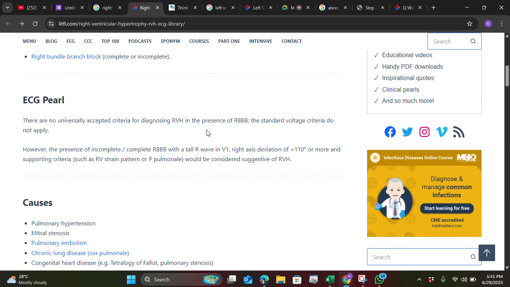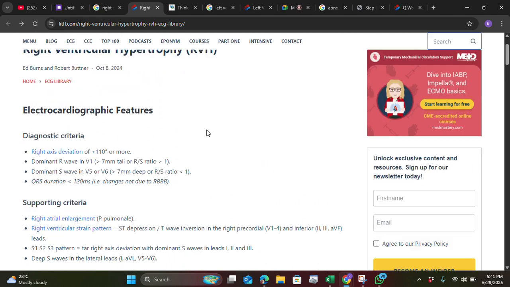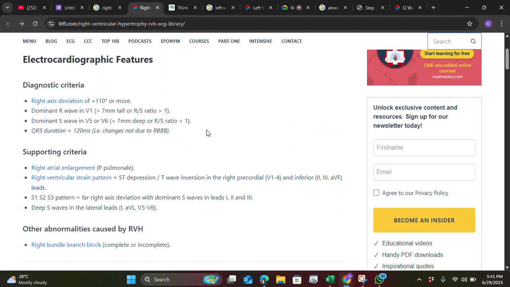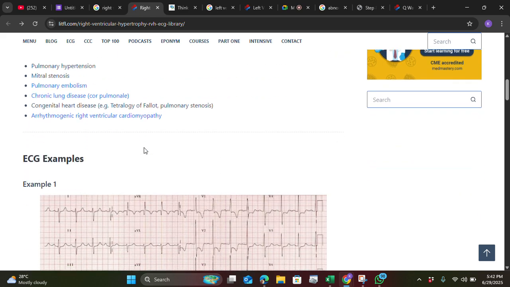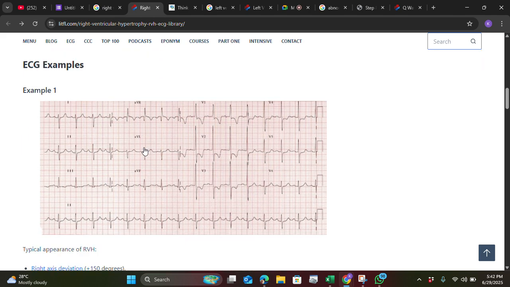This was right. Can you see now? There's right axis deviation, there's dominant R wave in V1 greater than 7, there's dominant S wave in V5, V6, then the QRS duration. This is usually caused by mitral stenosis, pulmonary embolism, pulmonary hypertension.